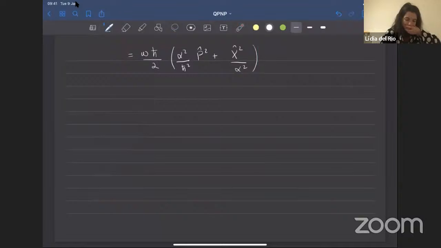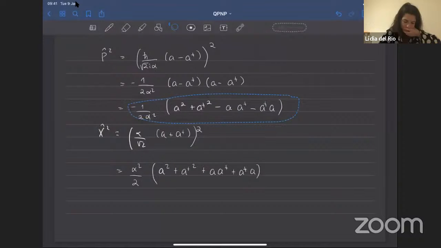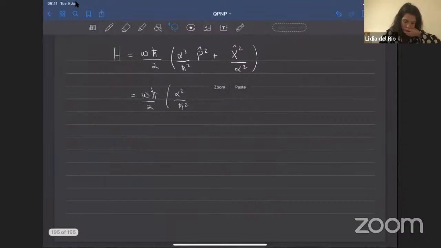Okay, there we are. Now again, it's long and boring. It's more fun if you do it too. So you have alpha squared, h bar squared, and now p squared. So it was this whole thing. Copy. Paste.